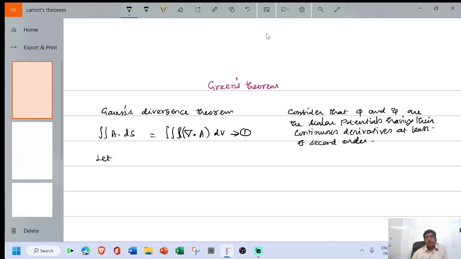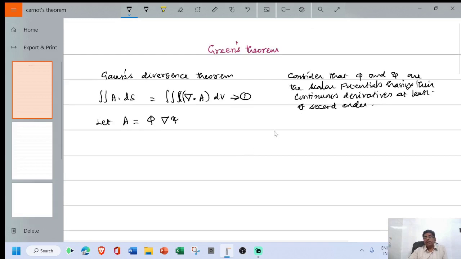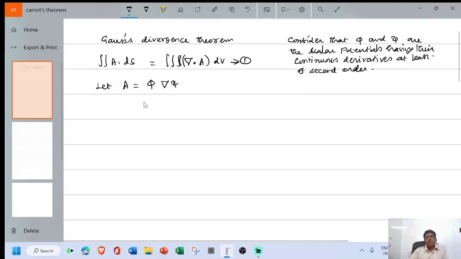Let A be equal to phi grad psi. If phi and psi are two scalar potentials having continuous derivatives at least of second order, we may replace A by phi grad psi in equation 1.